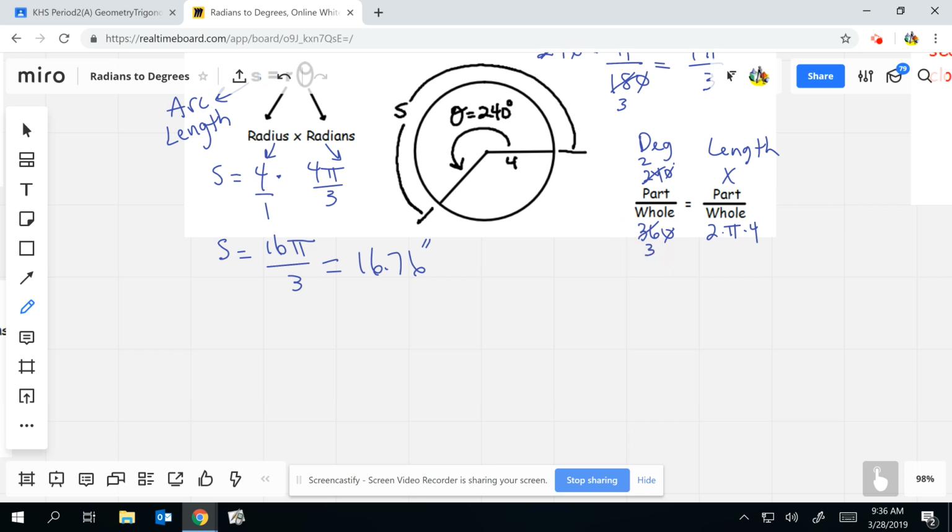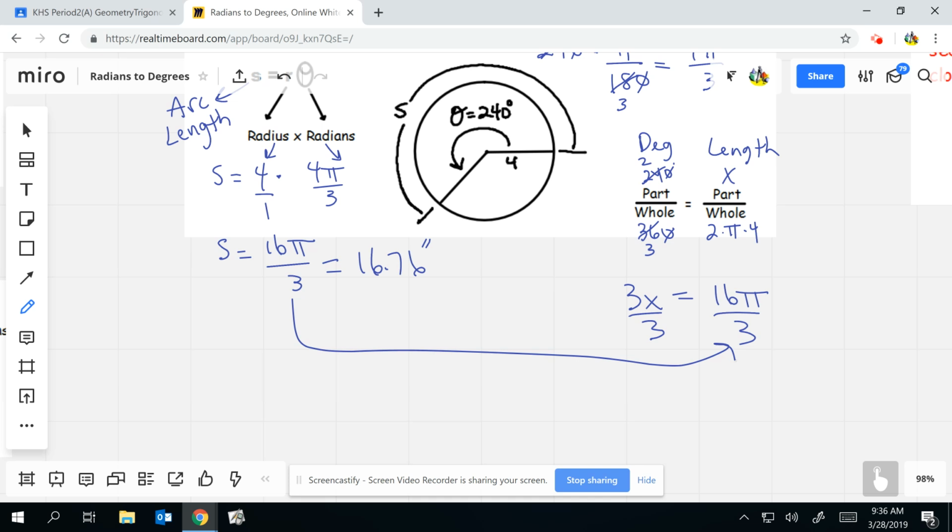If I multiply diagonals, I get 3 times x, which is 3x. I get 2 times 2 is 4. 4 times 4 is 16. I get 16 pi. And if I divide by 3, magically, you'll see that we had 16 pi over 3 before. So we actually have the same exact answer, 16.76 inches.